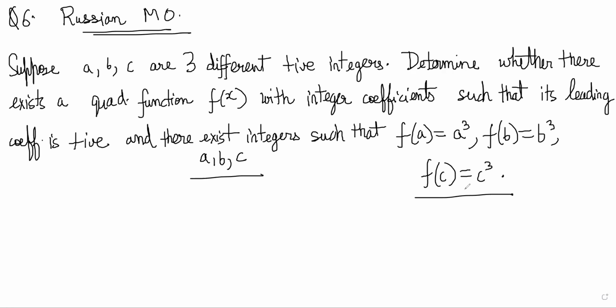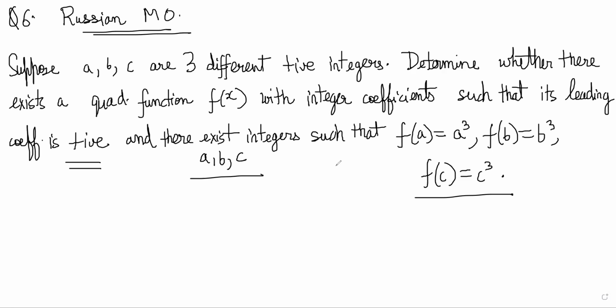We have to basically find out if there is a possible quadratic with integer coefficients such that its leading coefficient is positive and there exist integers such that f of a is a cube, f of b is b cube, and f of c is c cube, right?